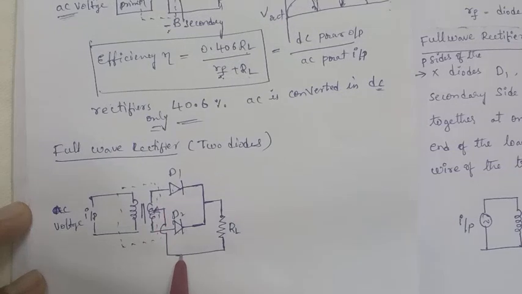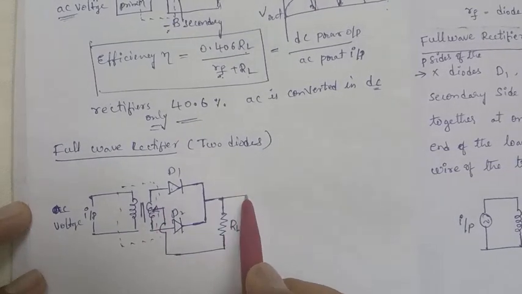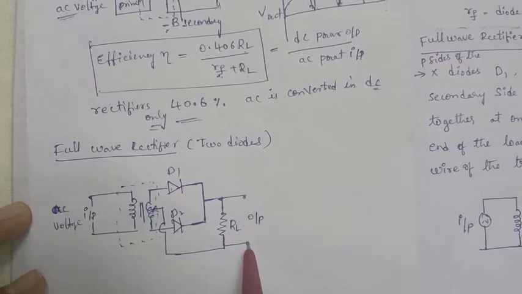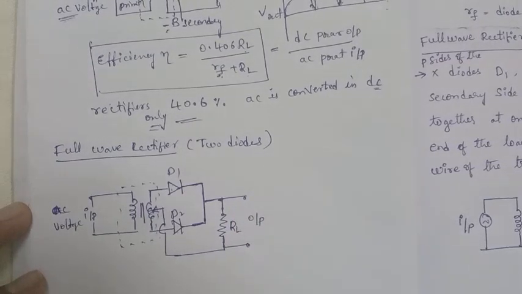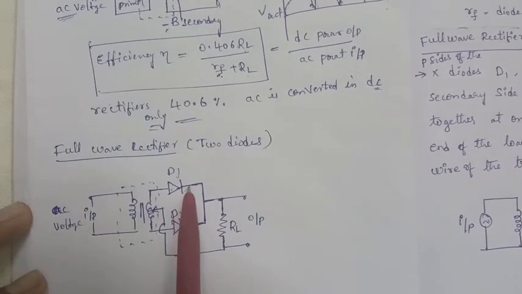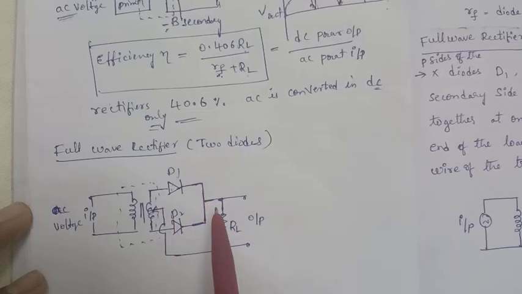It is the construction part. Across the load resistor you will take the output. So in which way are they connected? To the primary part you are giving the AC voltage, and the P sides of the diodes D1 and D2 are connected to the terminals of the secondary side of the transformer, and the N sides are connected together, and the end is connected to the load resistor.